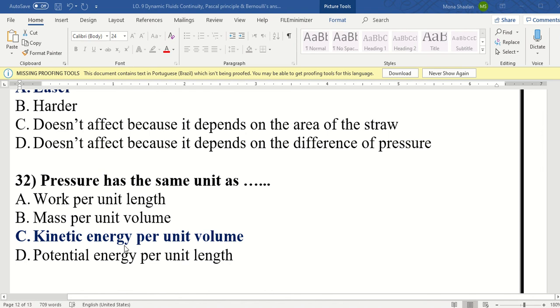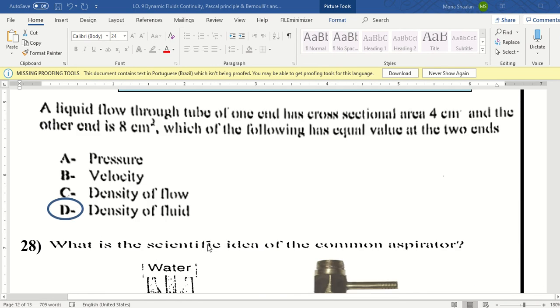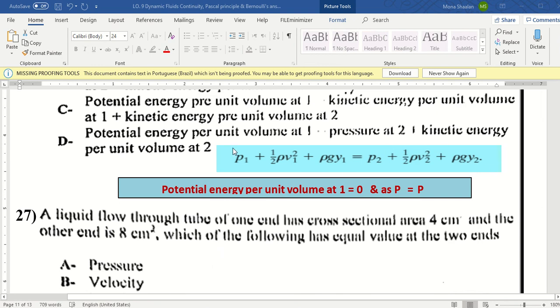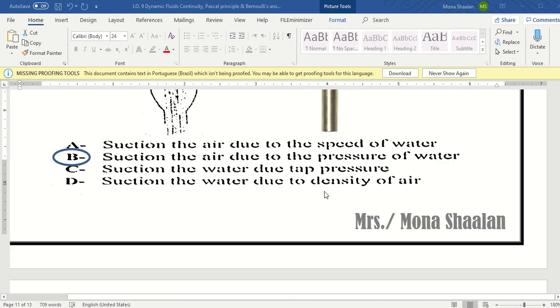Pressure has the same unit as, of course, if we take the pressure in pascals, the kinetic energy per unit volume in Bernoulli's principle. All these terms in Bernoulli's principle have the unit of pressure. Okay, here in pascals, and all these terms, kinetic energy per unit volume also has pressure units, and the potential energy per unit volume also has a pressure unit.